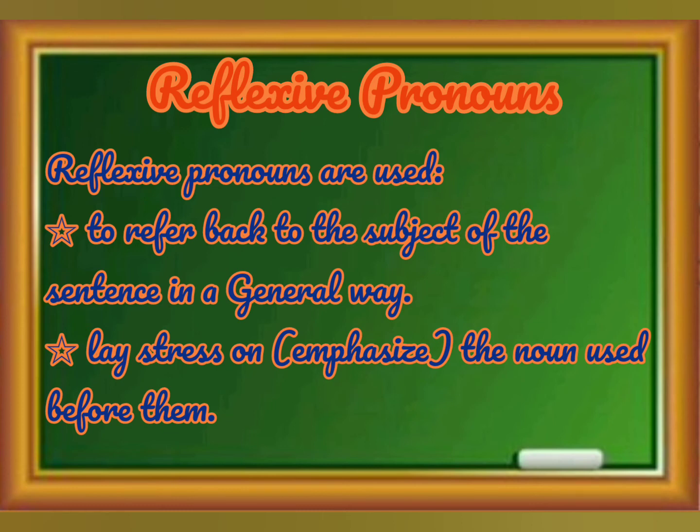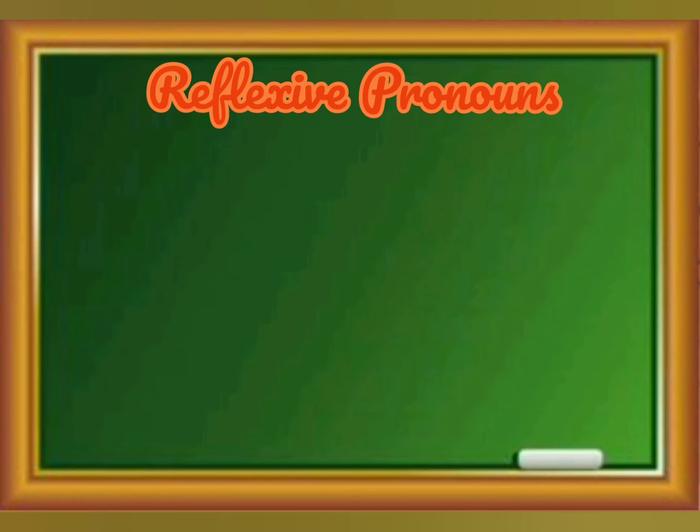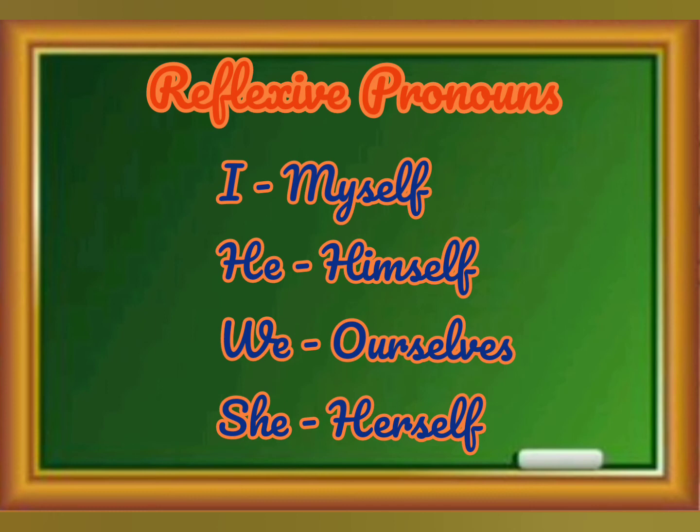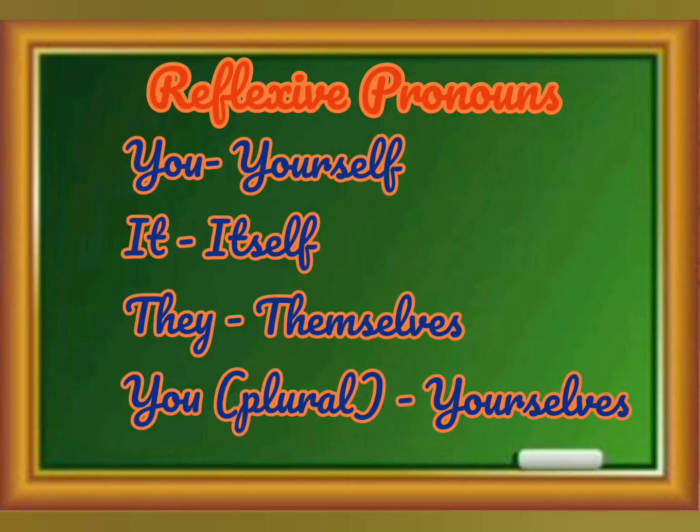The reflexive pronoun of I is myself, he is himself, we is ourselves, she is herself, you is yourself, it is itself, they is themselves, and you in plural is yourselves.